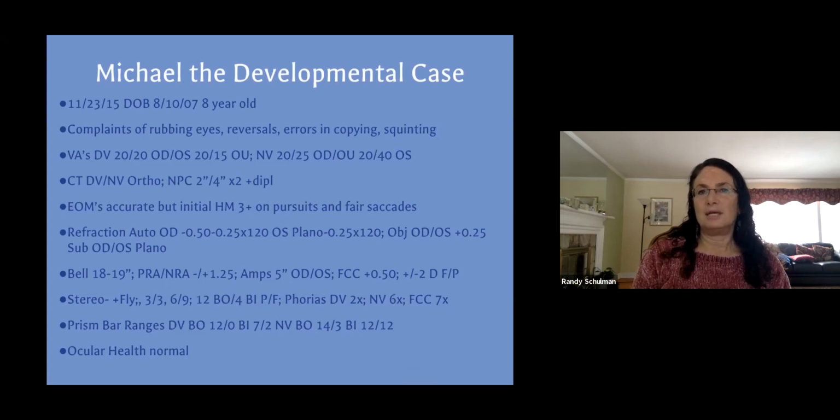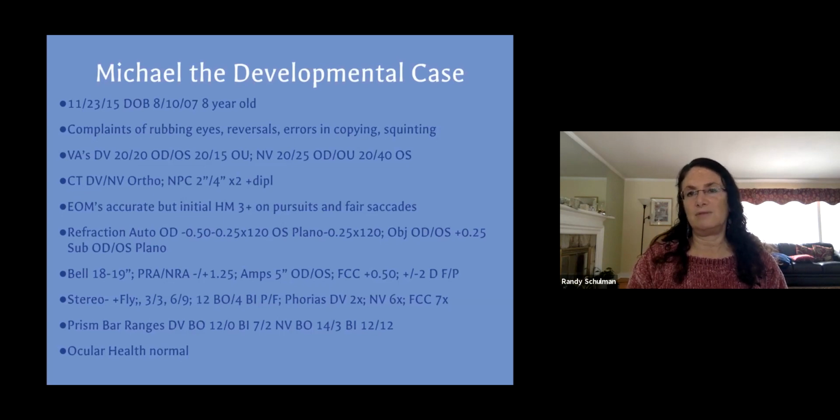So we can go back to Getman, and he said, well, you should expect certain development. Well, this kid hasn't gotten there. On auto refraction, he's showing some minus, although objectively I only found a plus quarter, and this happens all the time. We see minus on the auto and then plus with a retinoscope, and then really not taking much of a prescription.